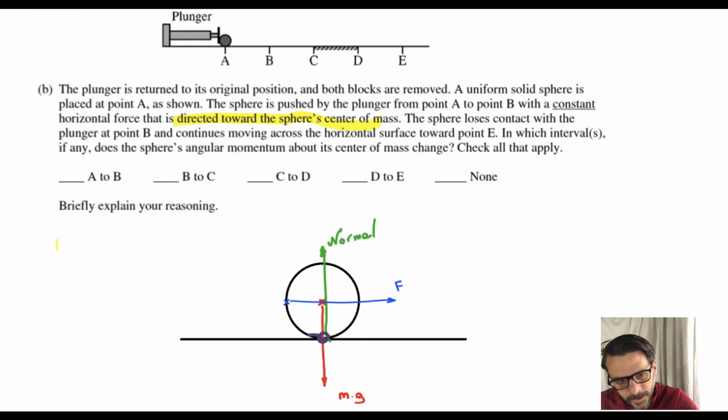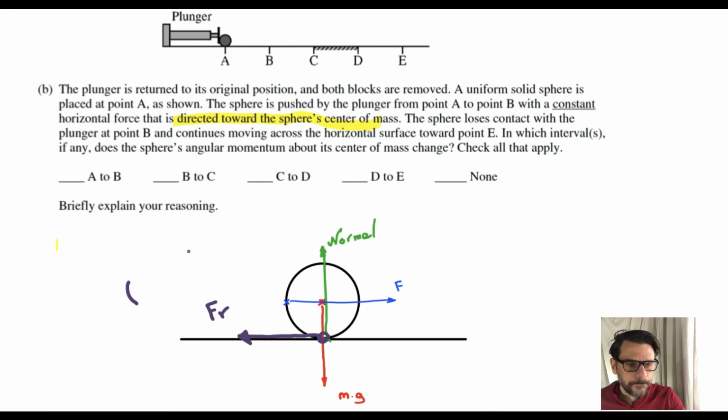The friction force will be acting in the leftwards direction, and it's the only force that is going to be able to produce a torque. It is not acting along a line that passes through the center of mass, and that's a requirement to introduce torque on an object, and a requirement to introduce change in the angular momentum.